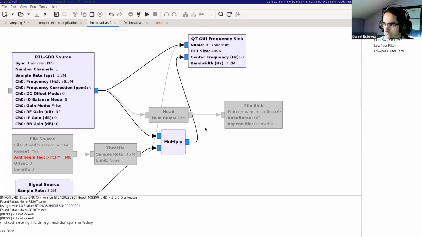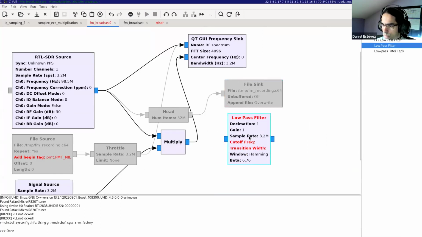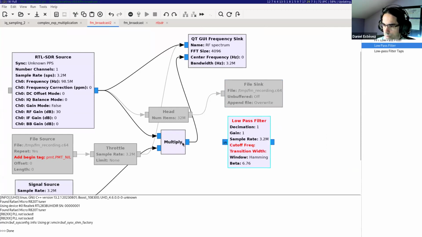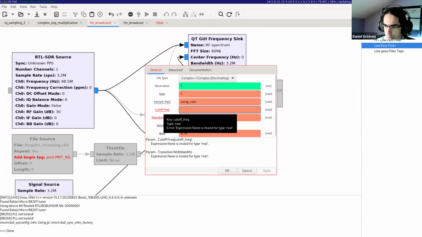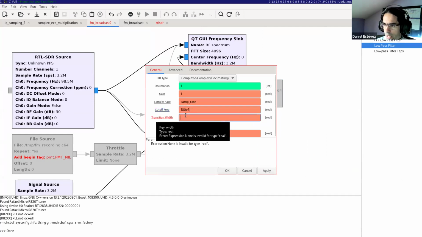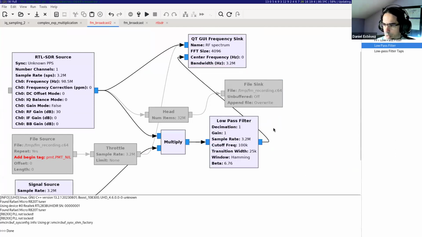I'm going to use a low-pass filter. And the cutoff frequency is going to be 100 kilohertz. The transition bandwidth is going to be maybe 25 kilohertz.